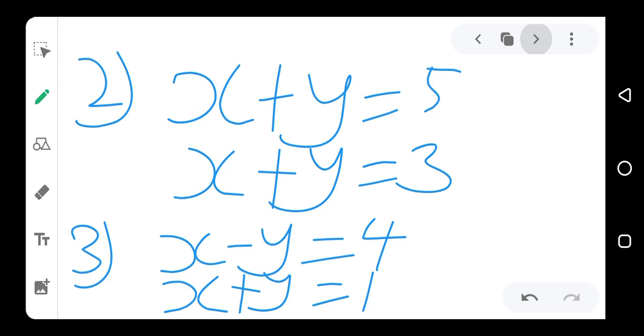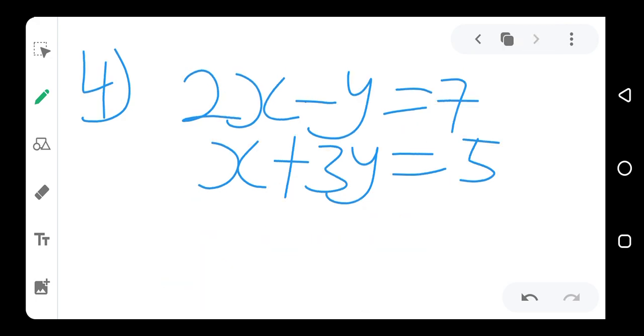In question 4, we have that 2x minus y is equal to 7 and x plus 3y is equal to 5. So you use both the substitution and elimination methods to solve each of these equations.